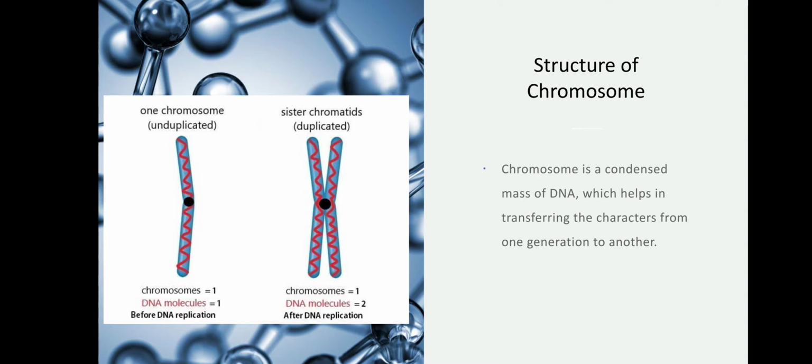Chromosome. It is a condensed mass of DNA which helps in transferring the characters from one generation to another generation. We already know that a cell has a nucleus which has a thick entangled mass of genetic material known as chromatin network.